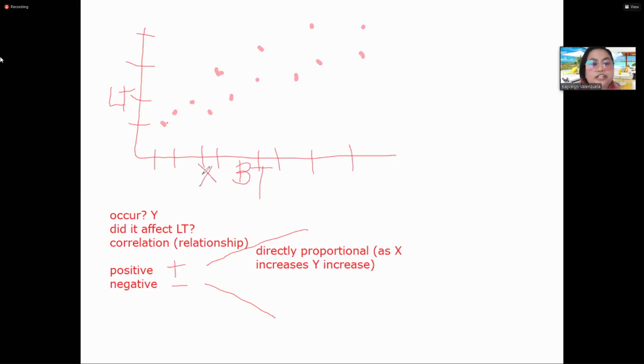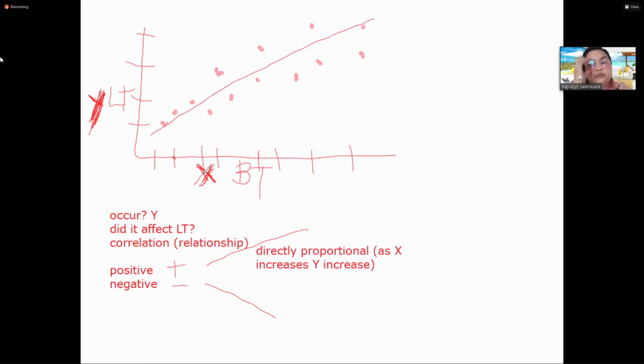As X increases, Y increases. So, habang tumataas daw yung brewing time, halimbawa ito, 2 minutes, nagiging 2 minutes din yung lead time, o naging 8 minutes, tumaas din yung lead time. So, it's a positive correlation.